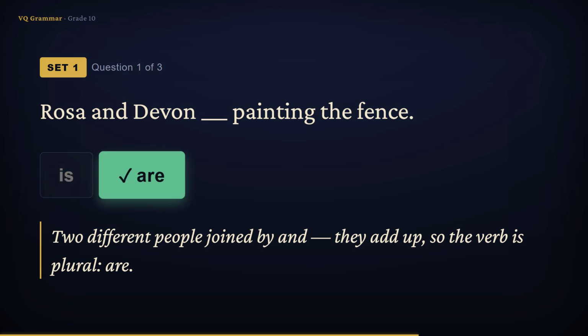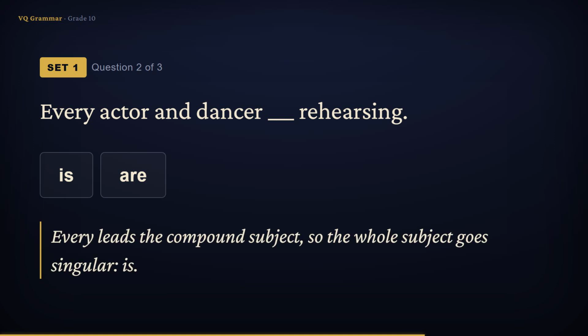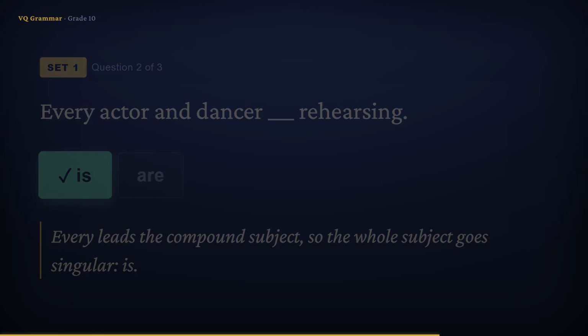The answer is are. Every actor and dancer, blank, rehearsing. Look hard at the very first word, every. When every leads a compound subject, the whole subject turns singular, no matter what and is doing. So the answer here is the singular verb.